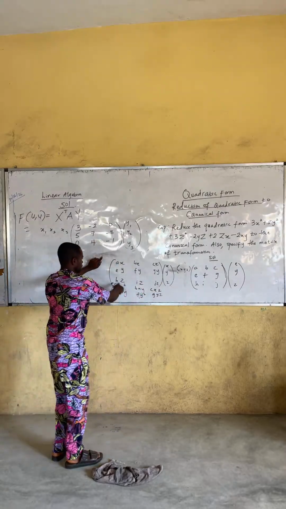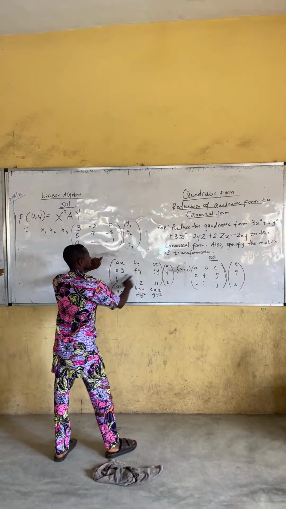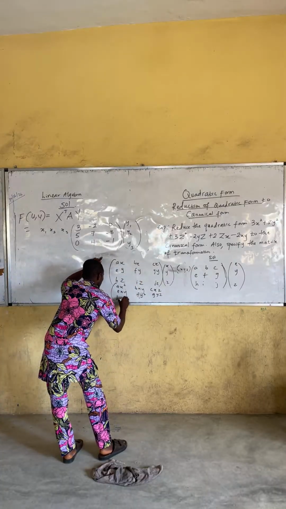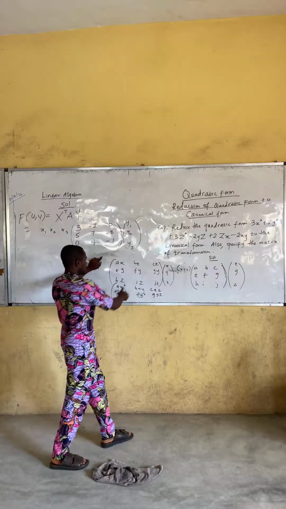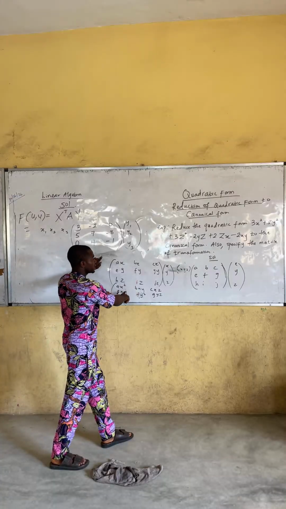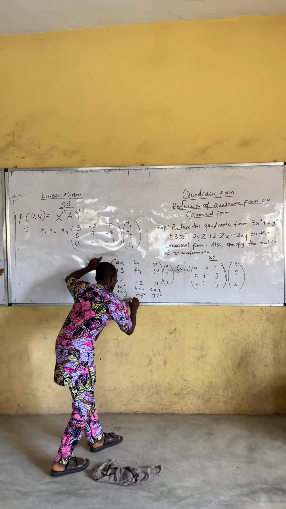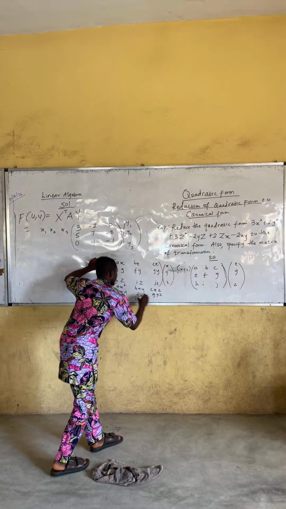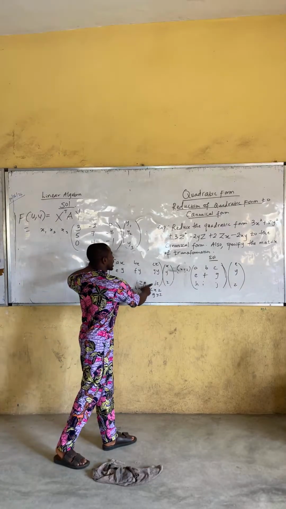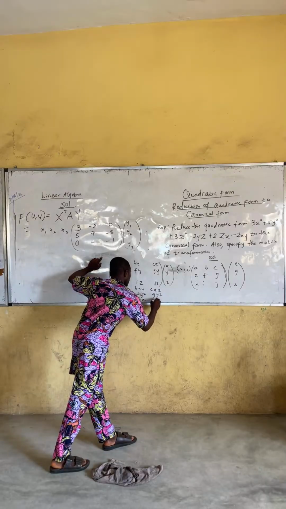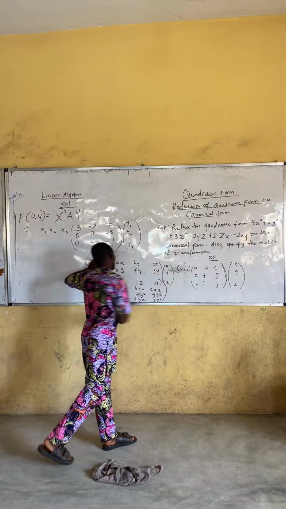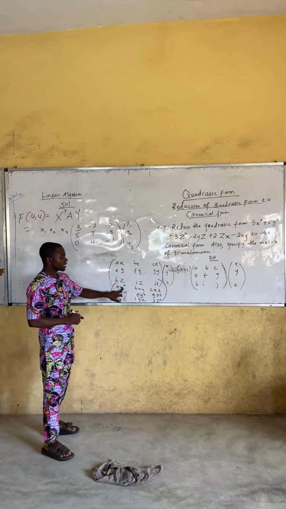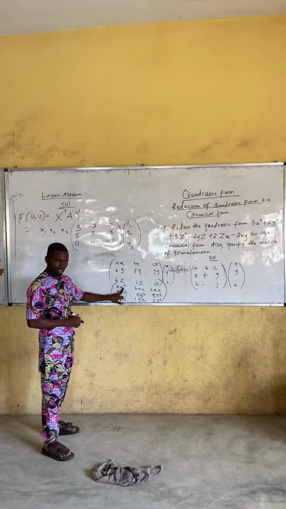And the last row: HZ times x is HXZ. IZ times y is IYZ. Then JZ times z is JZ squared. If you observe, x squared is here, y squared is here, on the diagonal, and z squared is here.